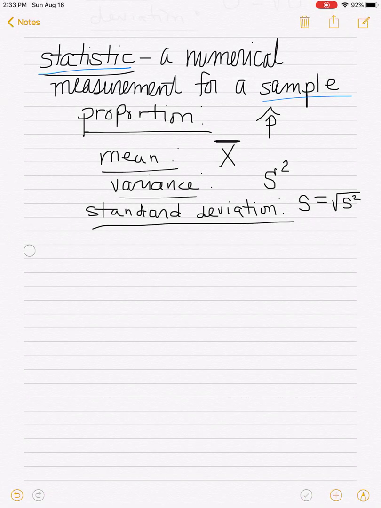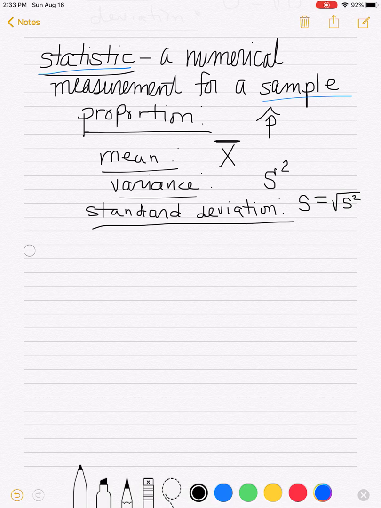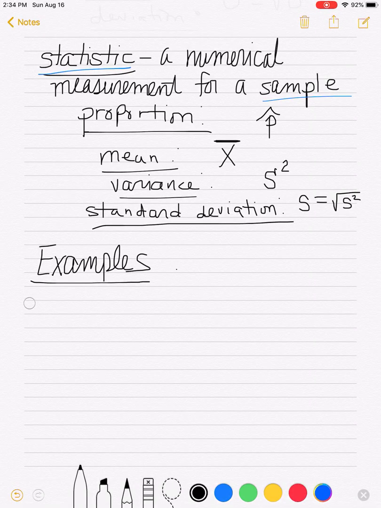All right, let's do a few examples. We'll do a couple of examples. How about example 1.50.